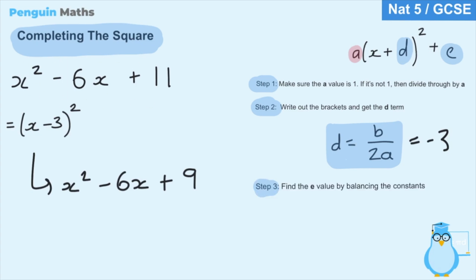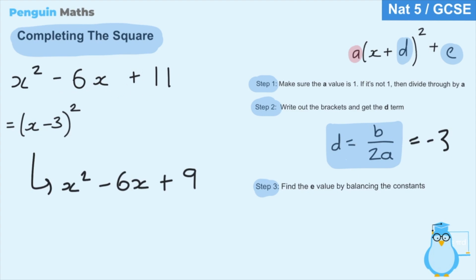And this is where step 3 comes in, where we want to find the e value by balancing out the constants. This as itself equals this here when multiplied out, x squared minus 6x plus 9, but we want x squared minus 6x plus 11. So what do we have to do?